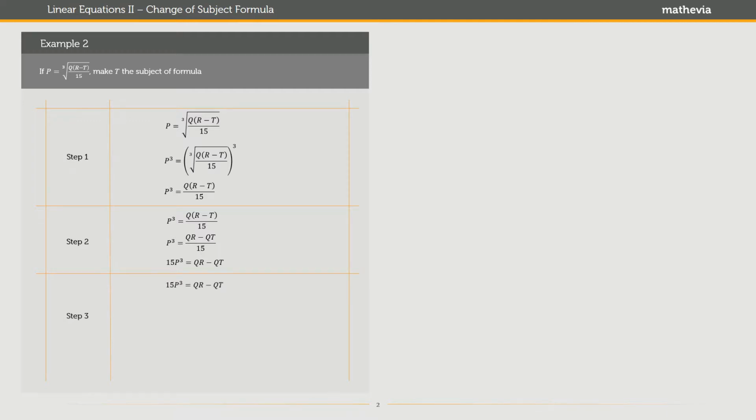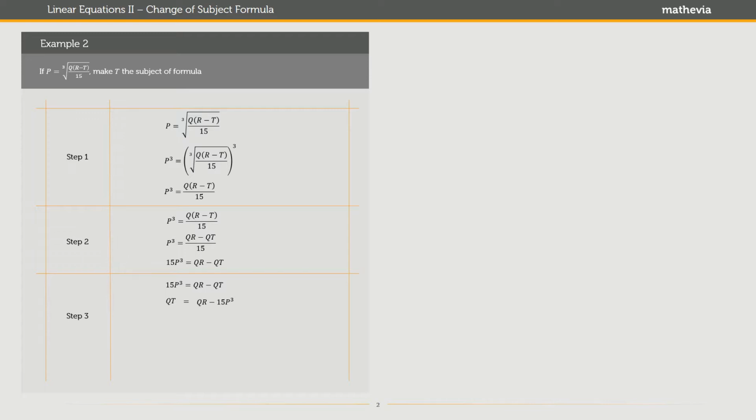Now we're looking to get t on its own and everything else on the other side. So I can move qt over to the left and 15p cubed over to the right, and what I end up with is qt equals qr minus 15p cubed.